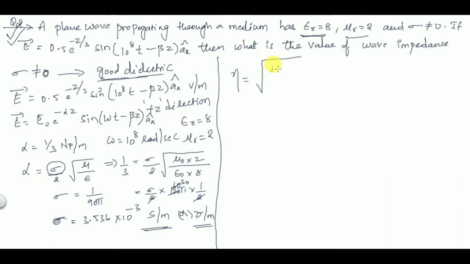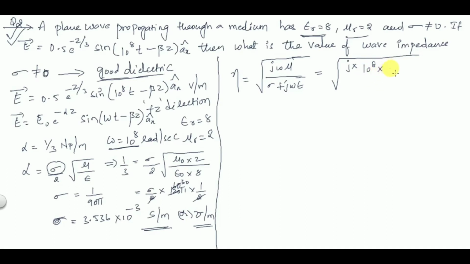Root of j omega mu by sigma plus j omega epsilon, which is sigma by j omega epsilon. So it is equal to root of j into omega. Omega is 2 pi f, but we have been given the omega value directly, so omega is 10 to the power of 8 into mu value. Mu value is mu naught into mu r.